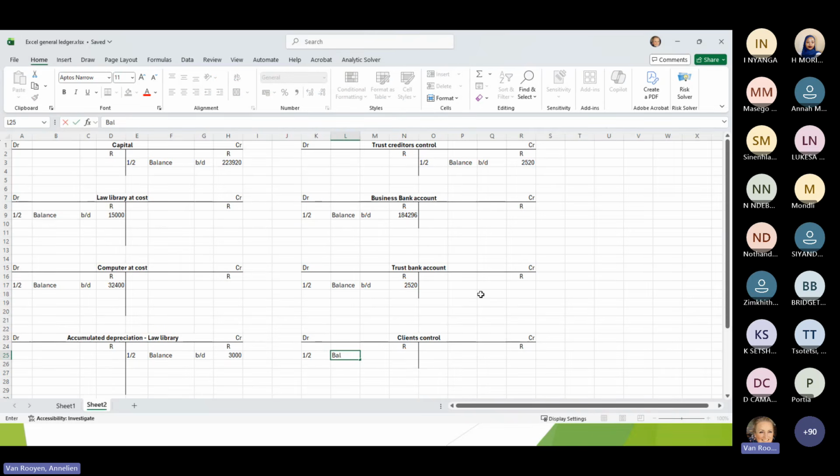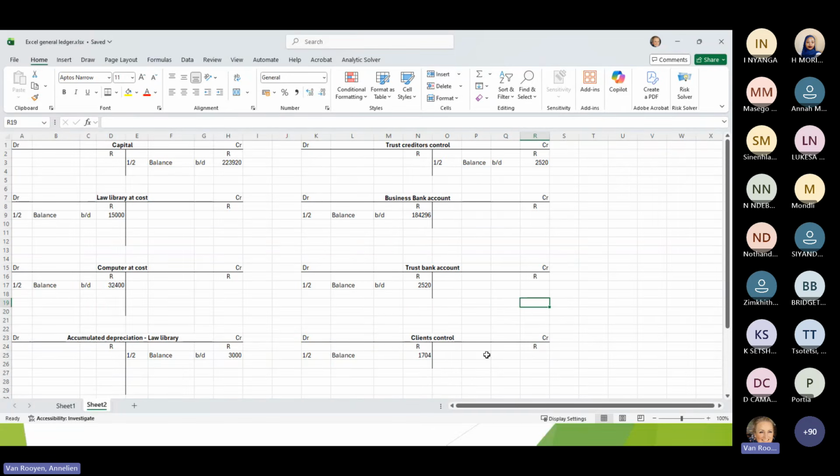Okay, so will you be able to open the ledger accounts in a question? The information is given to you. It tells you which balances are debit, which are credit. Just remember the first day of the current month is your opening date, balance, and it's always brought down when you have opening balances.